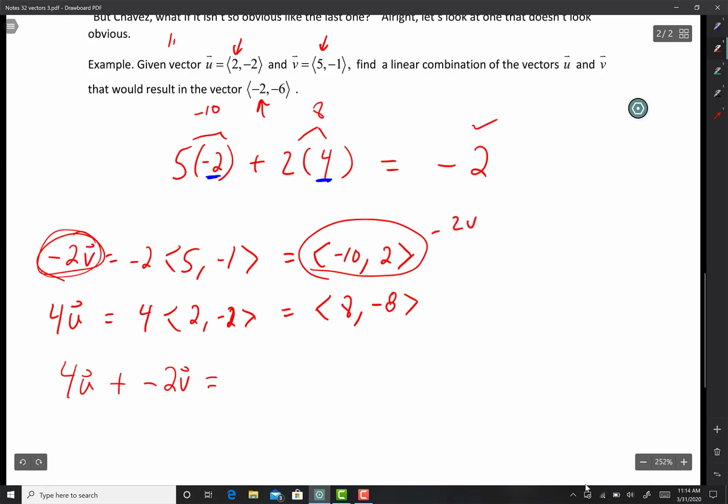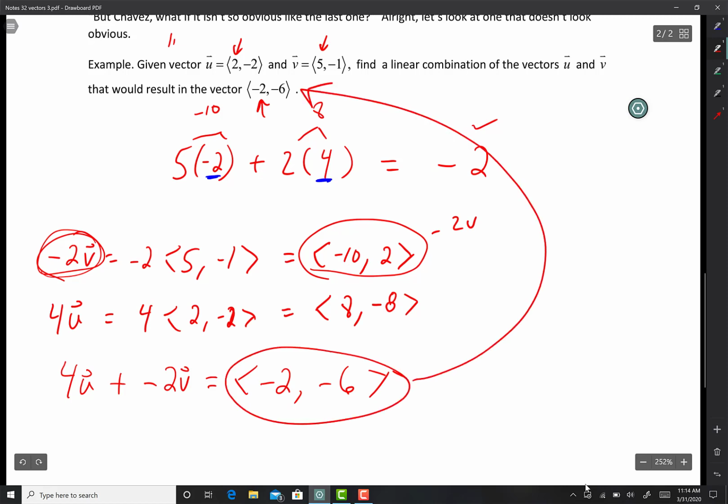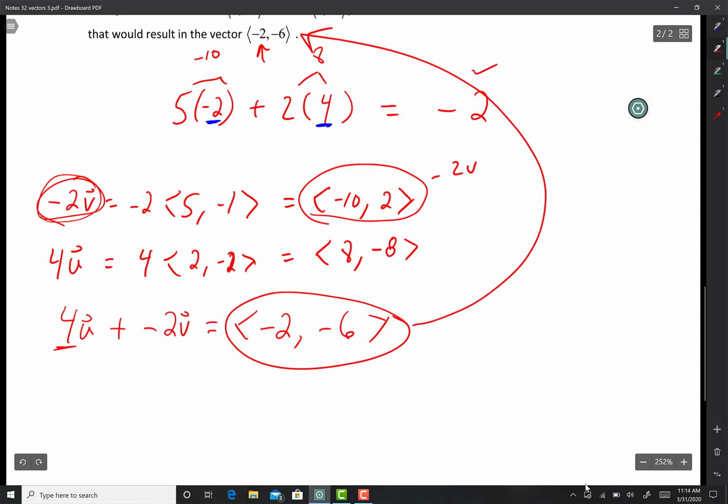So we're just going to have to add the negative 10. So 8 plus a negative 10, that is negative 2. And then negative 8 plus 2, that is negative 6. Yay, look at that. We got it. So we figured out the numbers are 4 and negative 2.